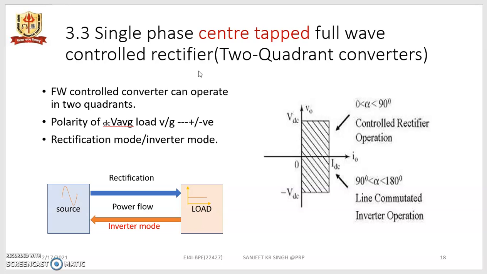So here we have the center tap full wave control rectifier. It is also called a two quadrant converter because the operation could be in the first quadrant or it could be in the fourth quadrant.